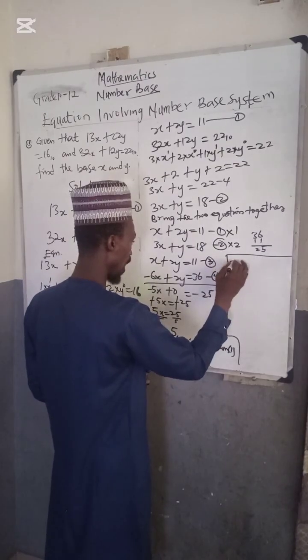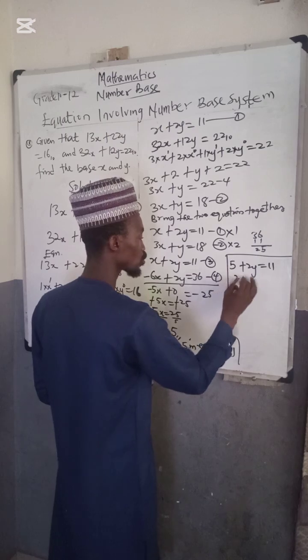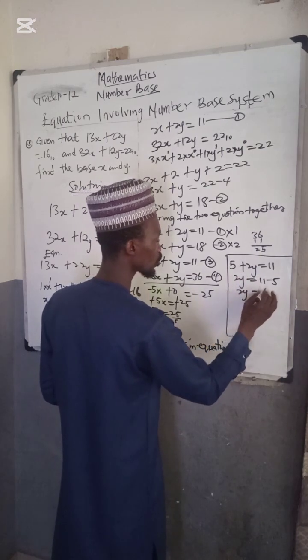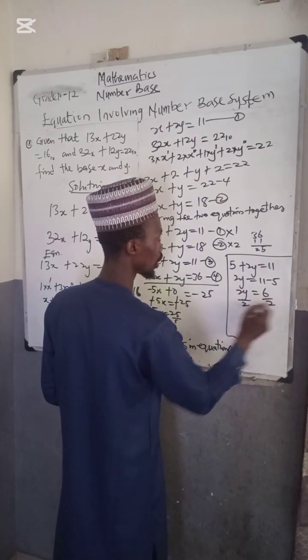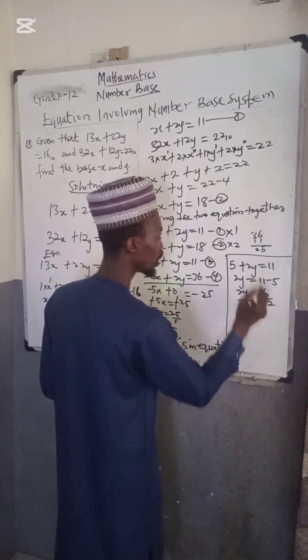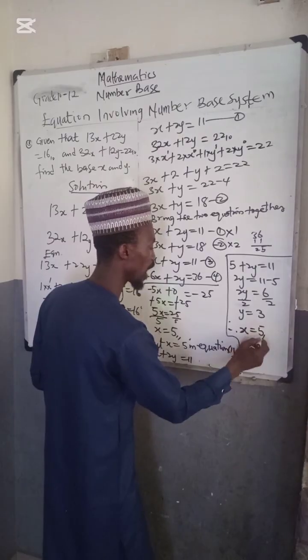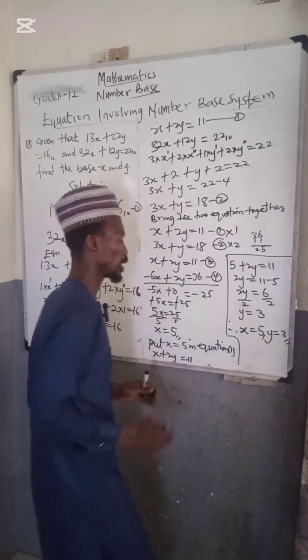So we have 5 plus 2y equals 11, so 2y equals 11 minus 5, which is 6. Divide both sides by 2, so y equals 3. Therefore x equals 5 and y is equal to 3.